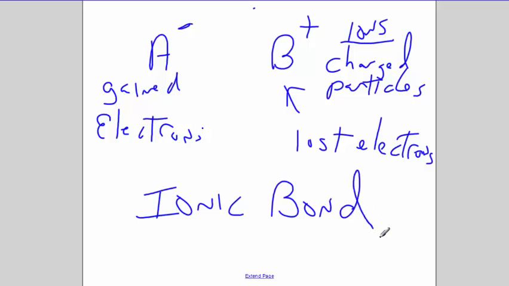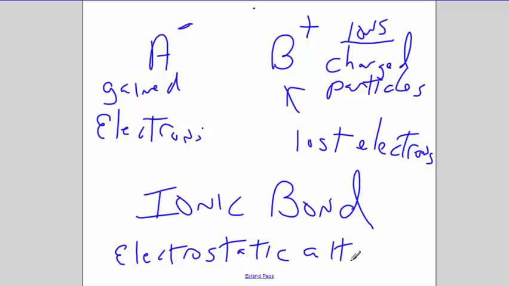The attraction here is what's called electrostatic attraction. It means the positives and negatives attract each other. The strength of that attraction depends on radius.